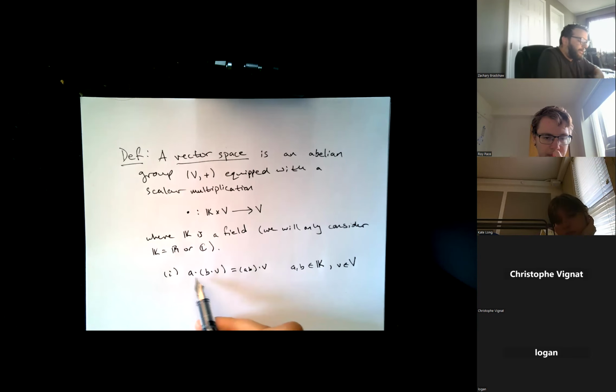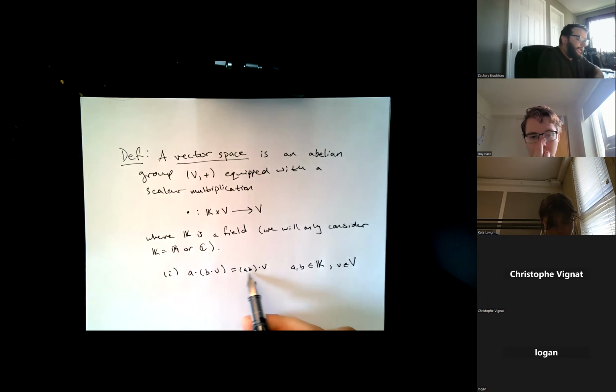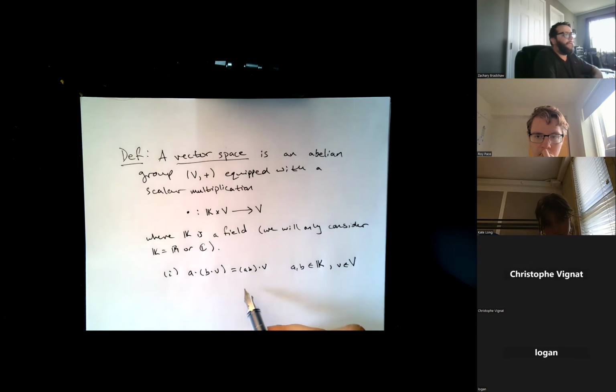So this dot here is denoting the scalar multiplication. So b times v gives me another vector, and so I can do another scalar multiplication. This a times b here is the multiplication inside of the field. So this is multiplication of real numbers or complex numbers.